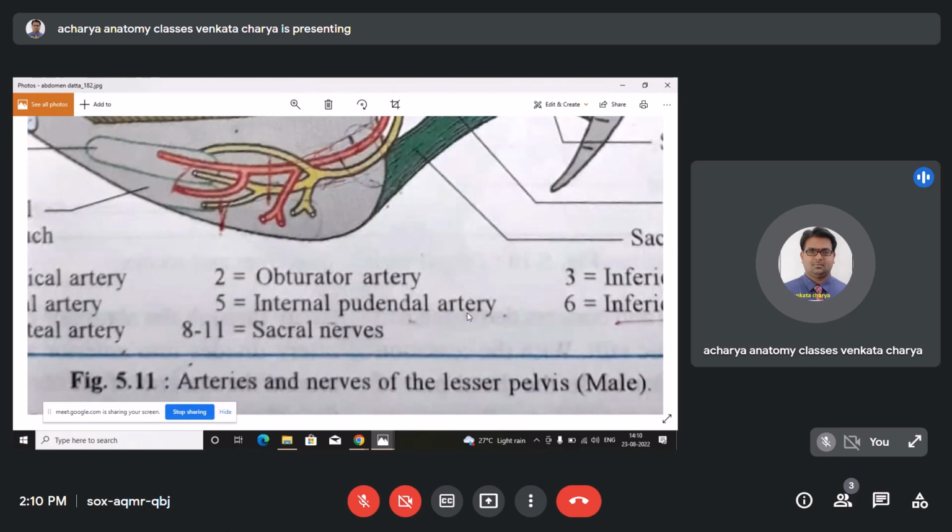In females, the same branches are present as in males, but in females there are two more branches present.